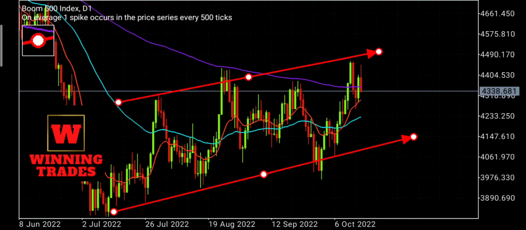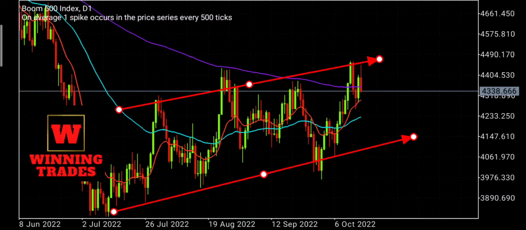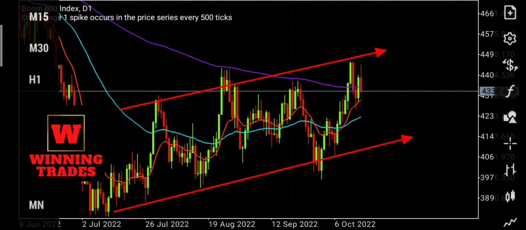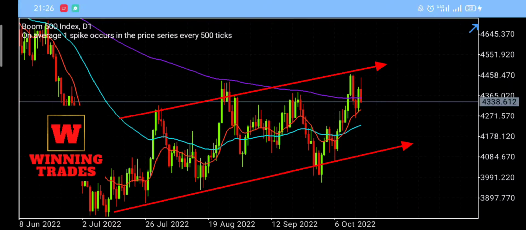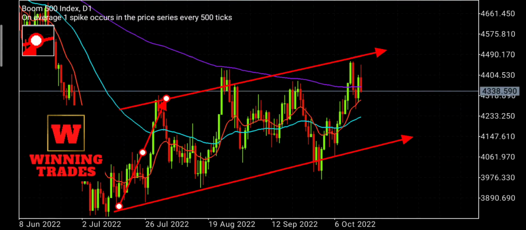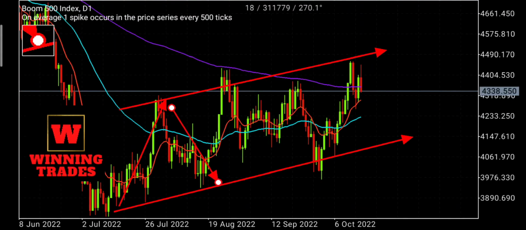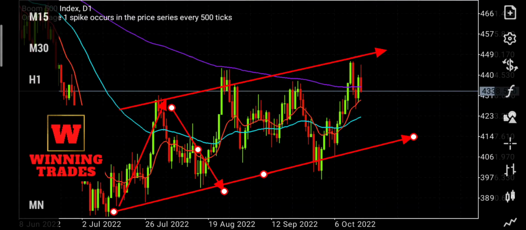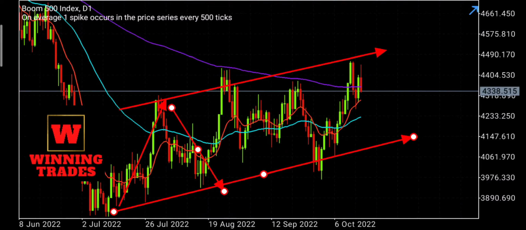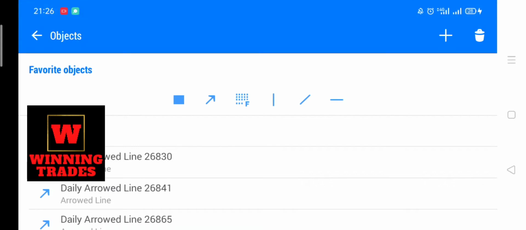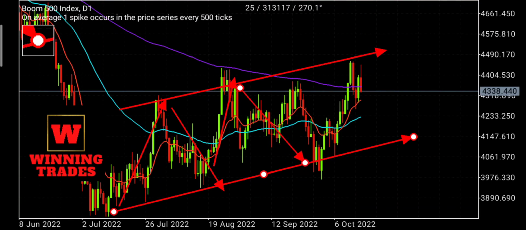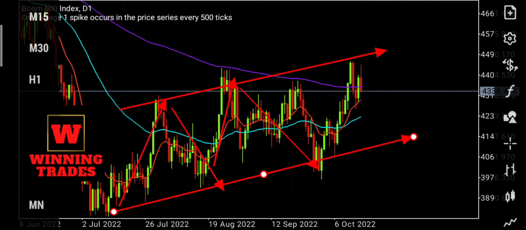We can call this a daily channel here. Price is basically doing this: going up, coming down, going up, and coming down. Okay, so that's what price is basically doing.